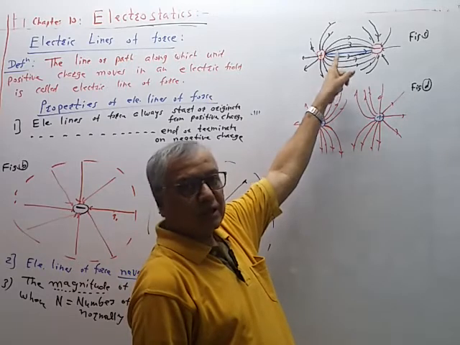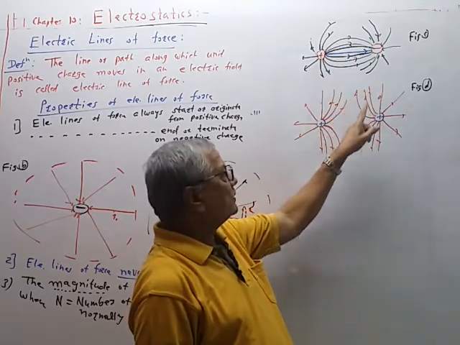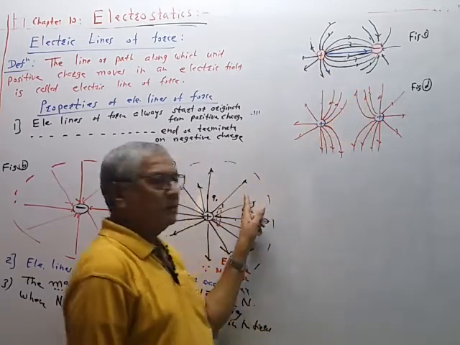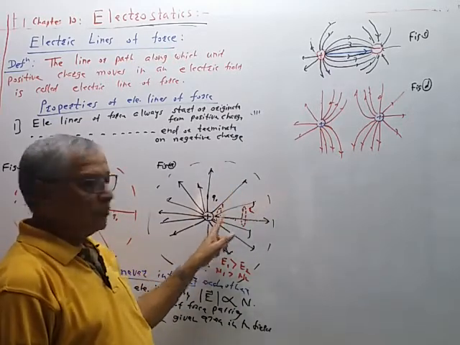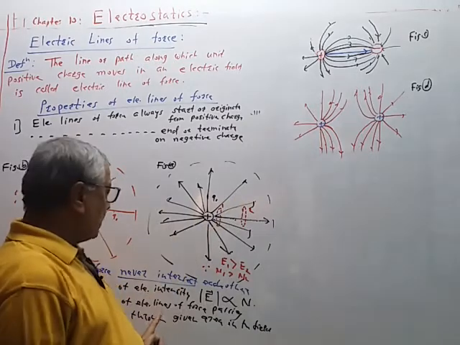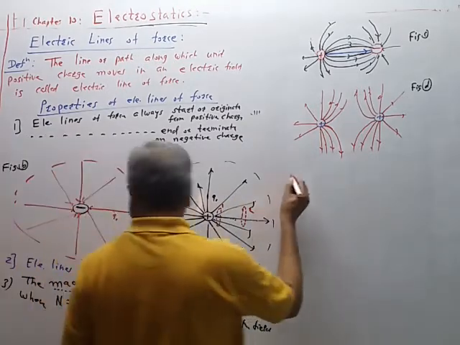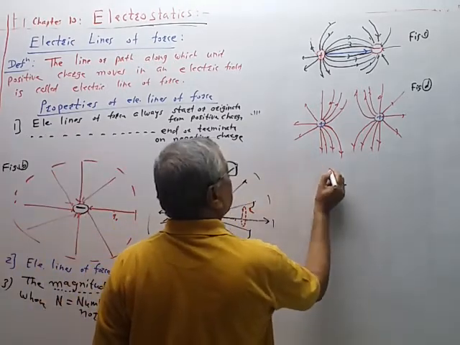So lines of forces crowded, more intensity. Lines of forces widely separated. Here I mean the separation between the lines: crowded, widely separated. So the same property you can give in another fashion like this.